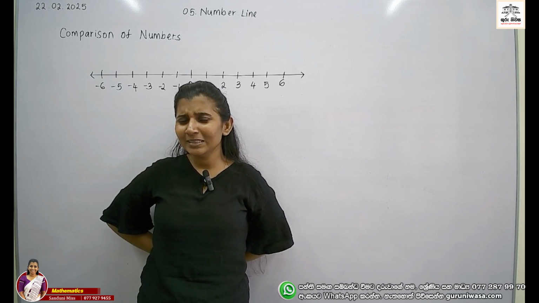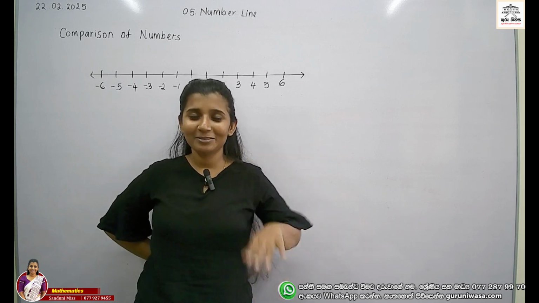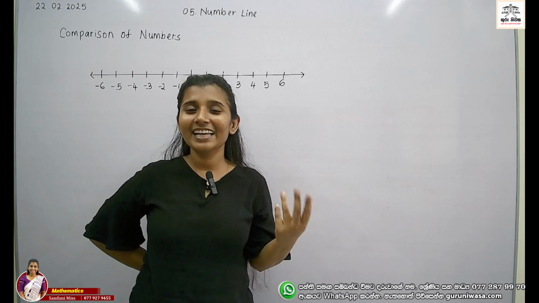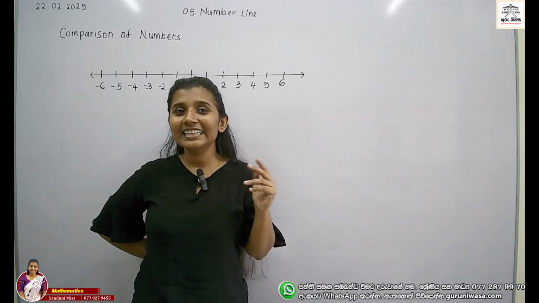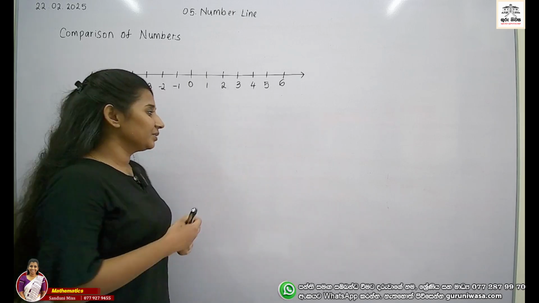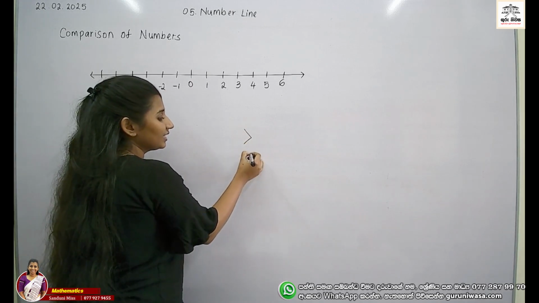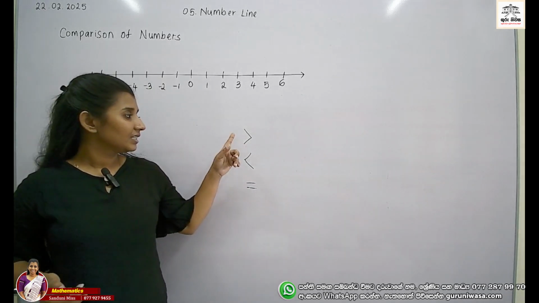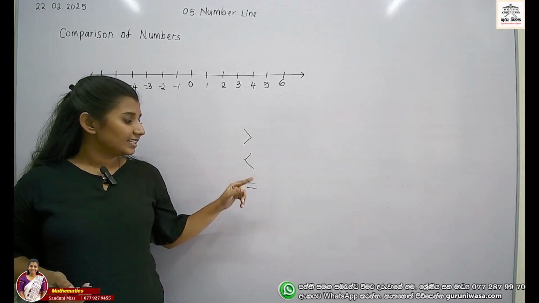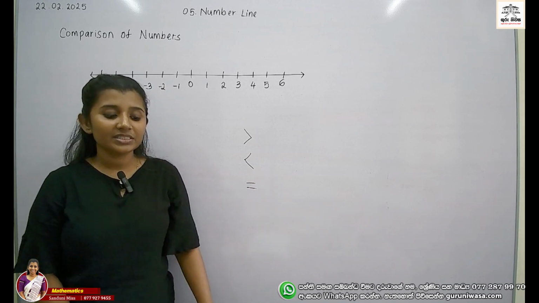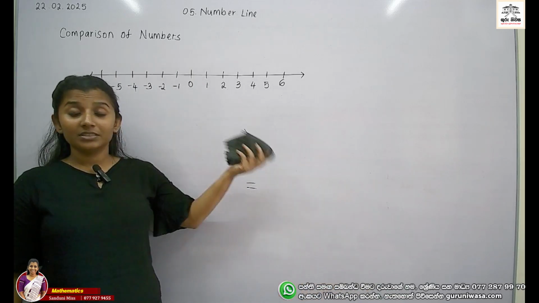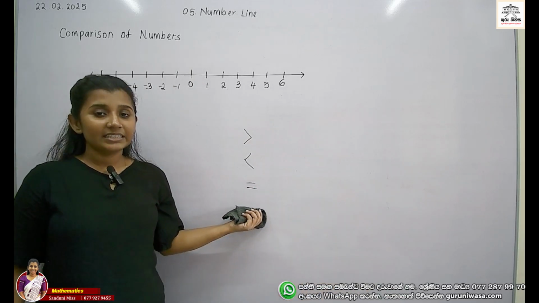That crocodile symbol, you say. Yes, teacher. Now you are not small, so you can't use that crocodile. So we have greater than and less than. So this way, and this one. What are the symbols we use? Greater than, less than, and equal symbols to compare numbers, right?